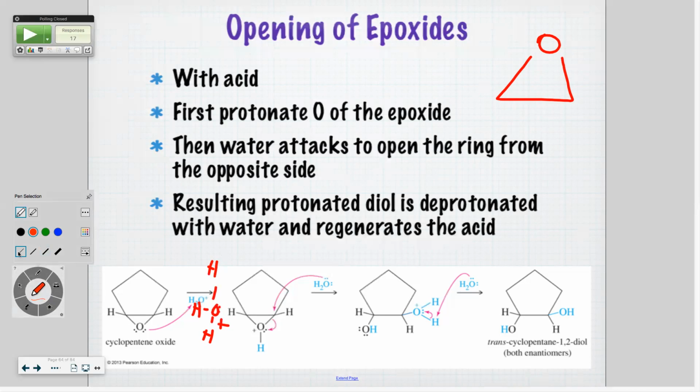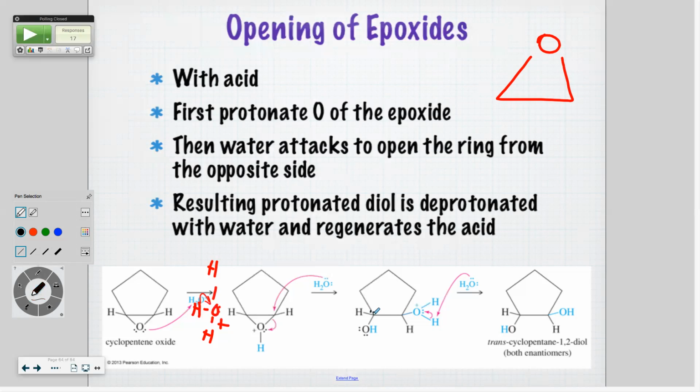Okay, so this goes there, and that goes to the O. Then the water comes in from the bottom. So if this is sitting up, the water is going to come in from the bottom. It's going to open to the top. So notice that your two OHs are going to be on opposite sides. Okay, this isn't drawn the best, I must say.